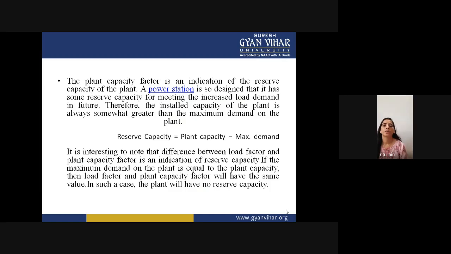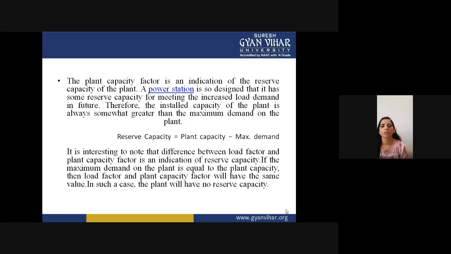It is interesting to note that the difference between load factor and plant capacity factor is an indication of reserve capacity. If the maximum demand on the plant is equal to the plant capacity, then load factor and plant capacity factor will have the same value.